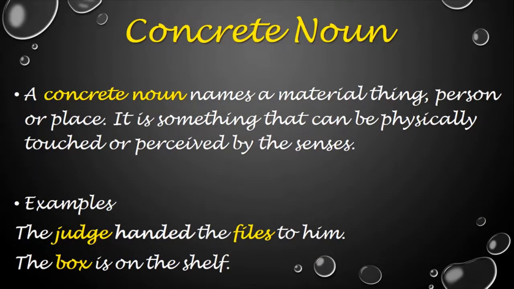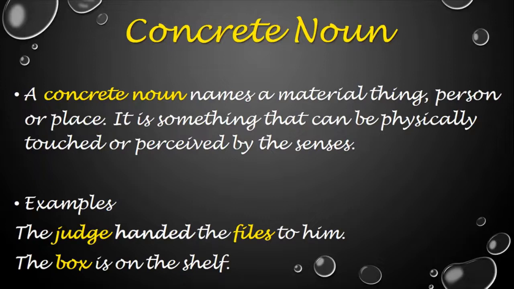Next is concrete noun. A concrete noun names a material thing, person or place. It is something that can be physically touched or perceived by the senses. For example, the judge handed the files to him. In this sentence, judge and files, they both are concrete noun.